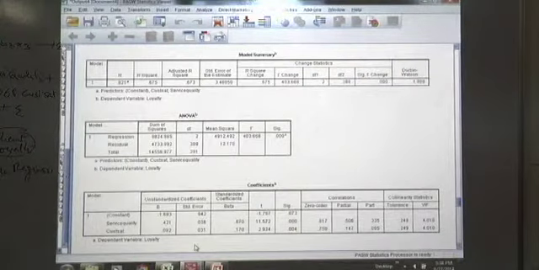Use this formula: Z is equal to the Sobel test, A multiplied by B divided by the square root of A squared multiplied by SB squared plus B squared multiplied by SA squared.